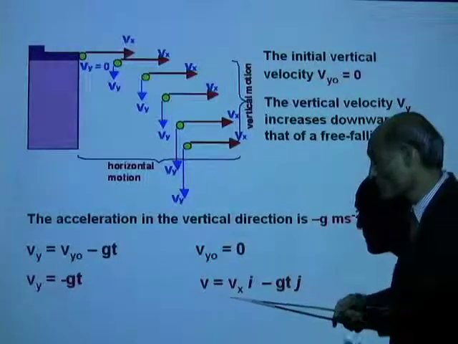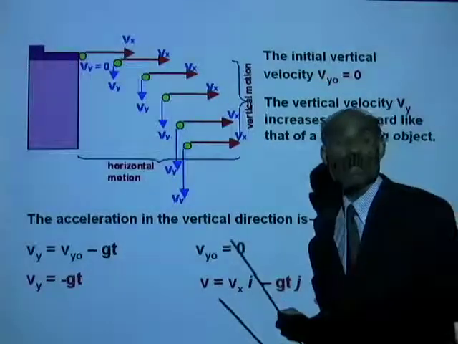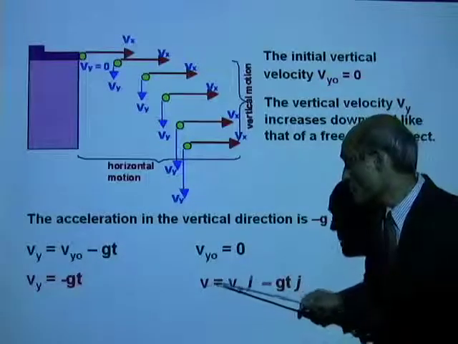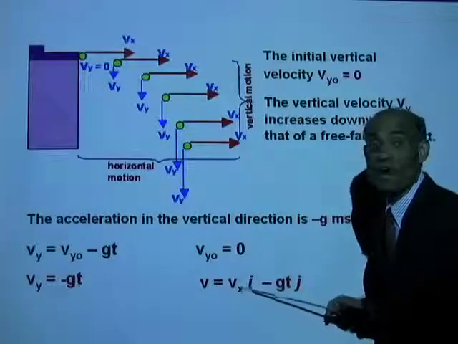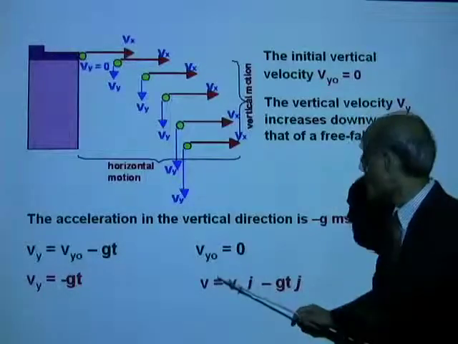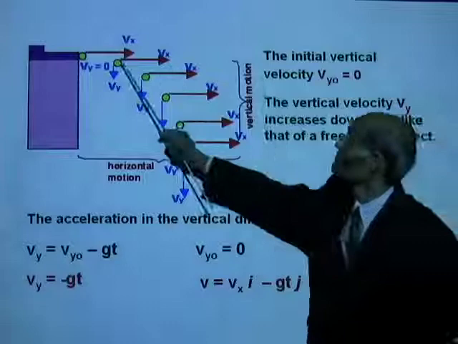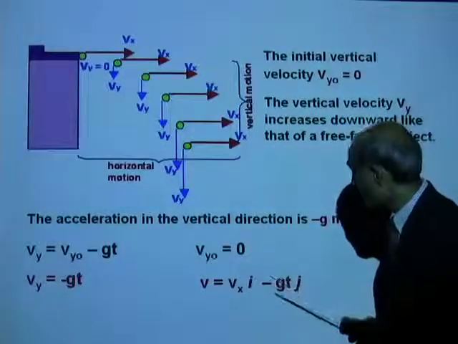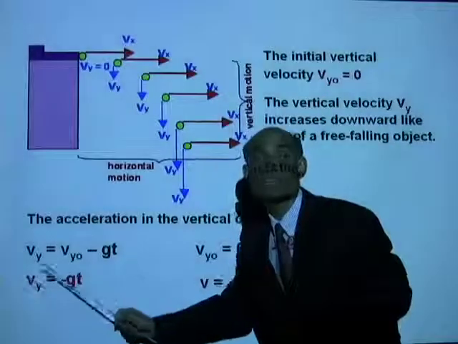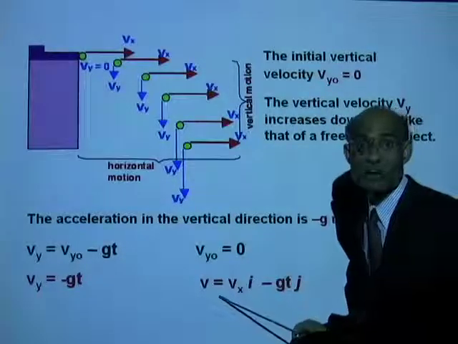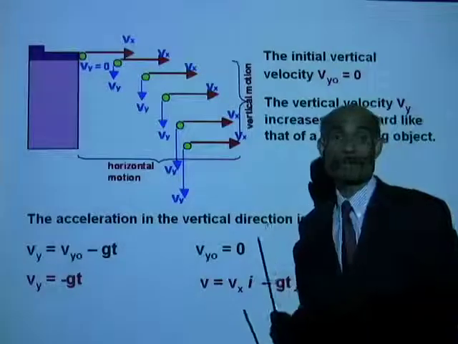So the velocity of the projected object at any given time is v equals vx i minus gt j. Vx is the x velocity that remains a constant, and minus gt is the y velocity. Alright, I want you to be very thorough with this equation.